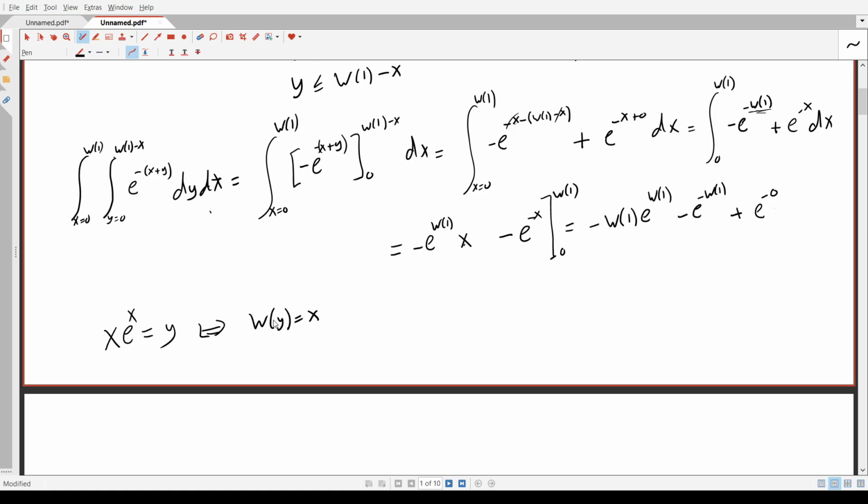So if I take this function and plug it in here for x, it's just going to give me y out. And that's exactly what we're doing here, because this W function is the inverse of x e to the x. So these two functions are undoing each other. So this is just going to be minus 1 minus e to the minus W of 1 plus 1. Those cancel. And my final answer is this.